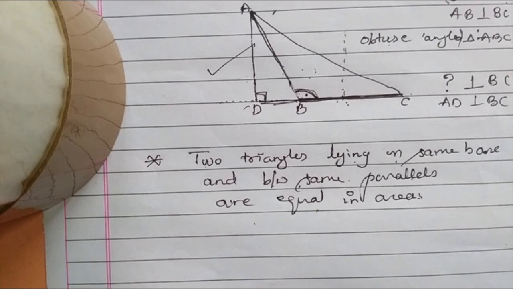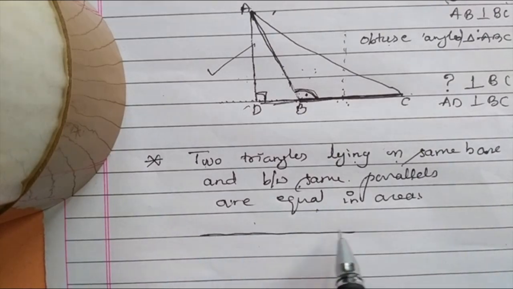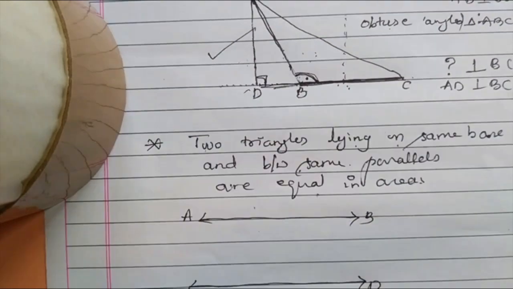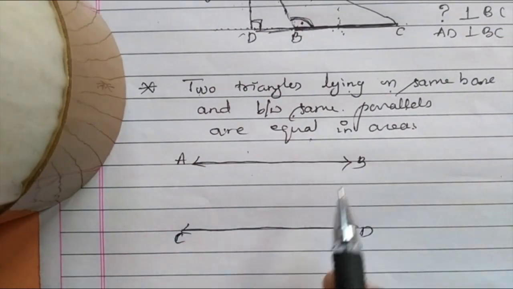Example, if you take AB and CD as two parallel lines.